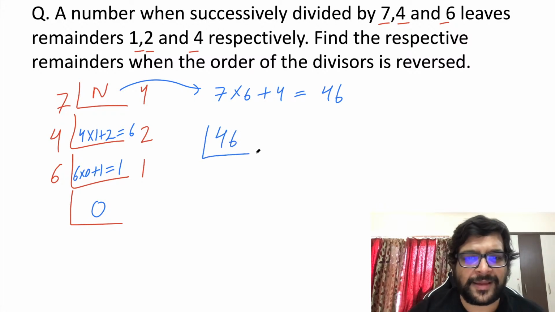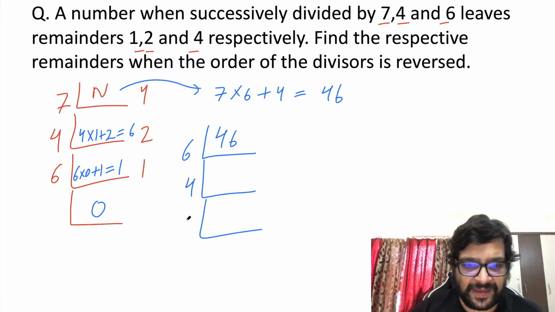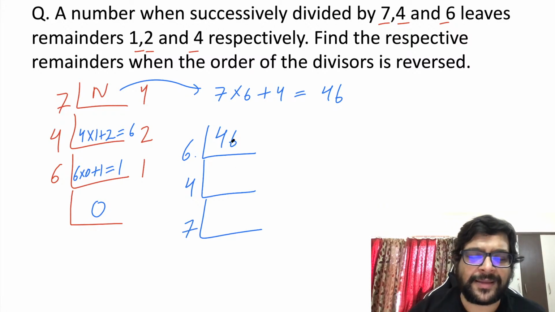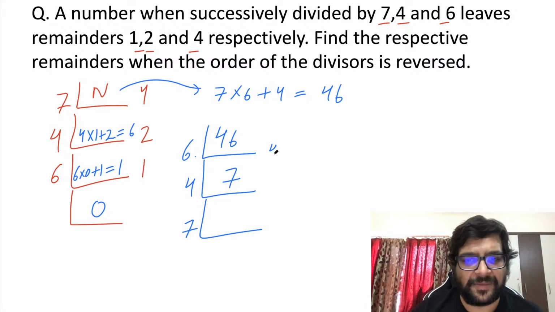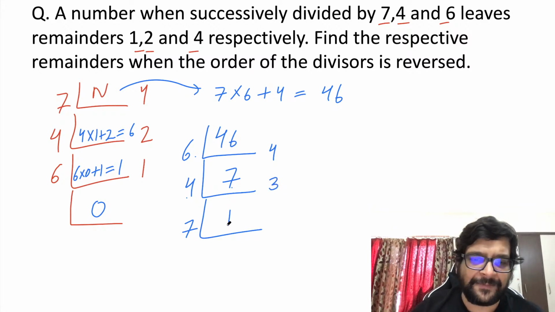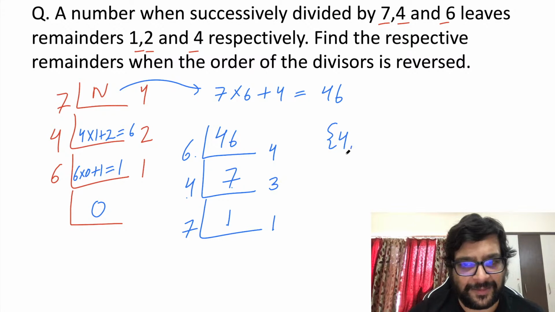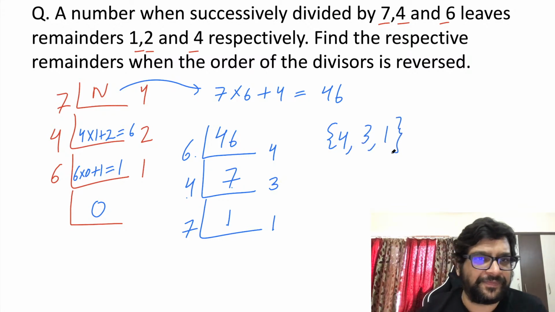Now with 46, you reverse the order. You make it 6, 4 and 7. 46 divided by 6, 42, it is divisible 7 times. The remainder is 4. 7 when you divide by 4, it is divisible once. Your remainder is 3. 1 when you divide by 7, the remainder is 1. So your answer comes out as 4, 3 and 1.